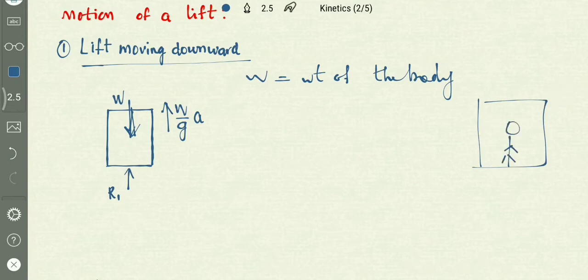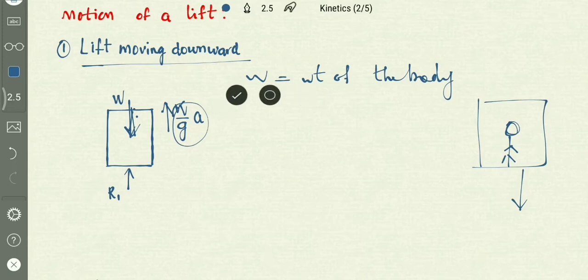if you are in a lift and the lift starts from rest and it is going downwards, you feel slightly weightless. This is because you are trying to stay at rest due to inertia, and the lift suddenly starts into motion. That's why you feel weightless. So according to D'Alembert's principle, the inertia force will be in a direction opposite to the direction of motion.